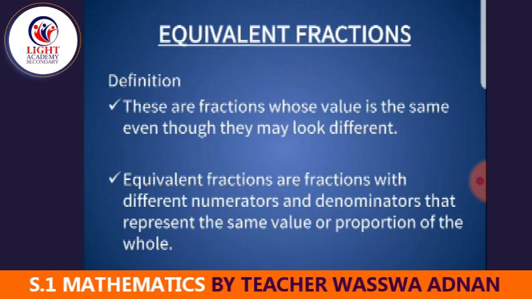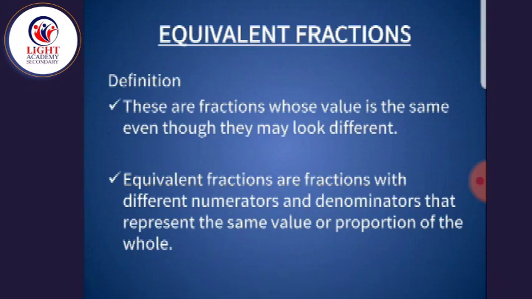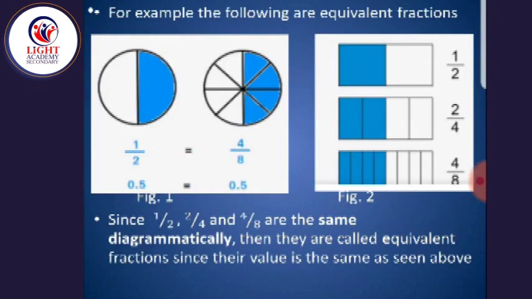Equivalent fractions are fractions whose value is the same even though they may look different. We can therefore say that equivalent fractions are fractions with different numerators and denominators that represent the same value or proportion of the whole. To understand this more, let's look at the diagrams below.